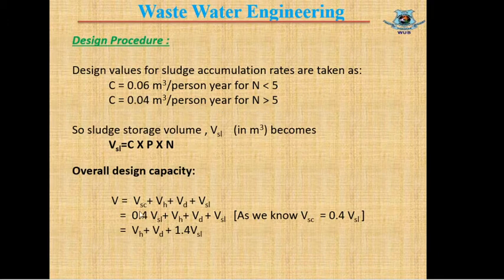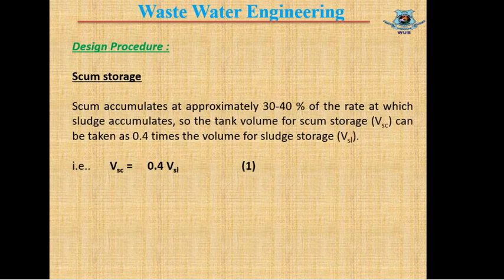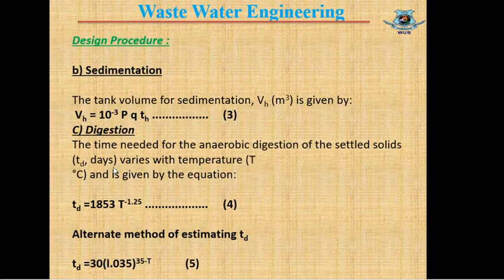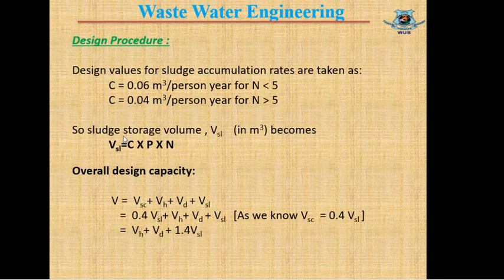Then the overall design capacity, that means the overall volume, will be the sum of all the volumes we have seen in our previous slides. That means scum volume, sedimentation volume, digestion volume, and the sludge volume. A sedimentation tank has 4 zones, so we have to add these 4 types of volume. In these design steps we have calculated VSC, VS, VD and VSL.